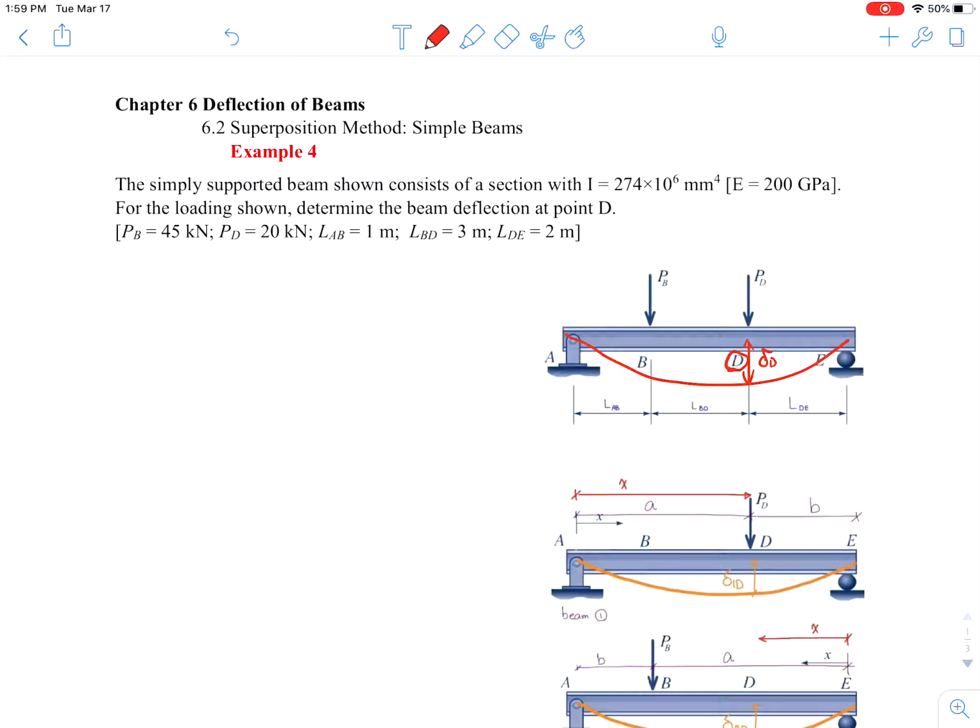It has two loadings, so we can simply split them into two concentrated loads.